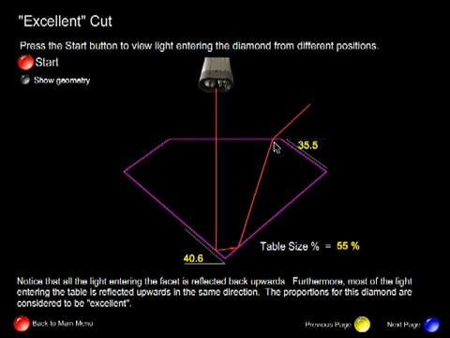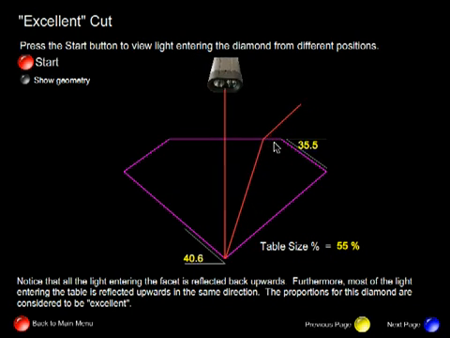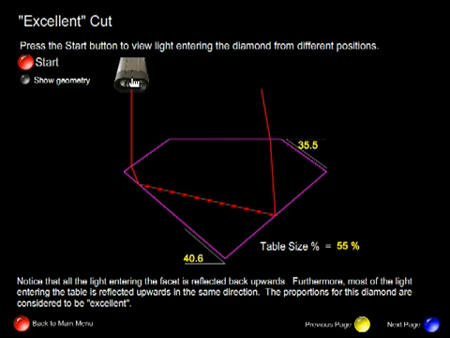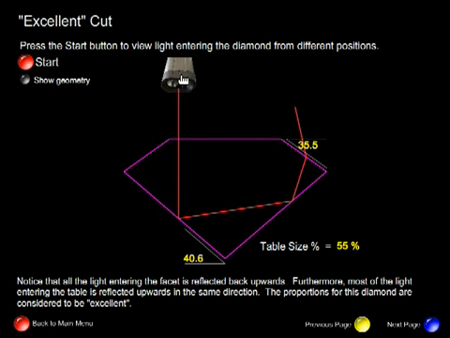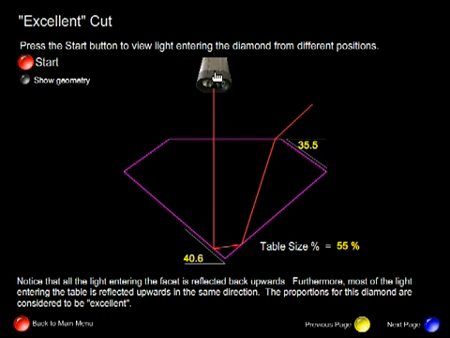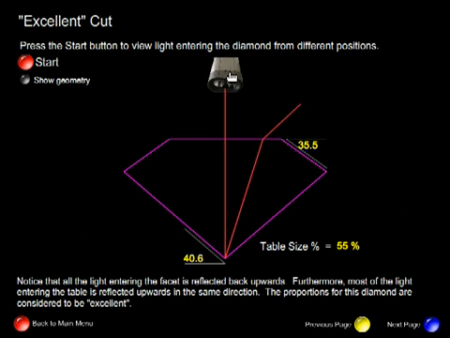Except at this point, the angle changes somewhat. And so these are the key characteristics for an excellent cut. Light is reflected upwards as it enters through the facet. It's again reflected upwards as it enters through the table. And most of the light is reflected in the same direction.